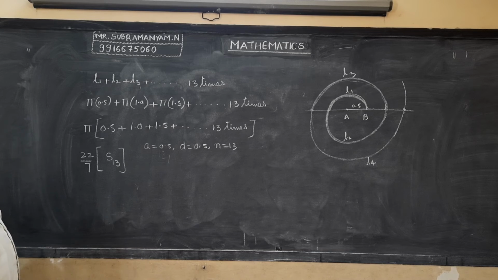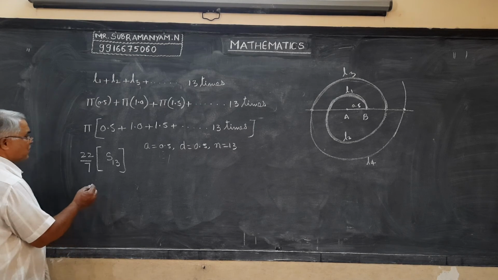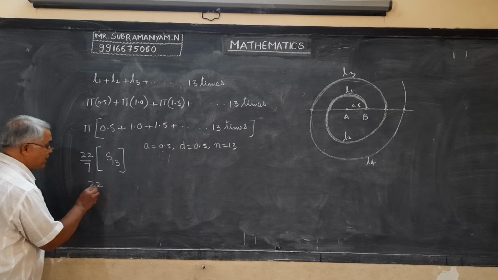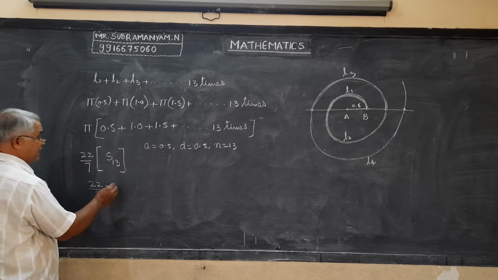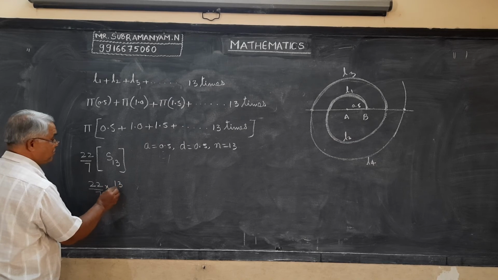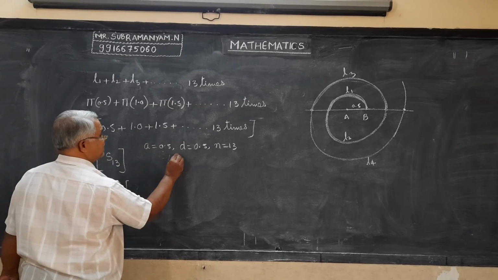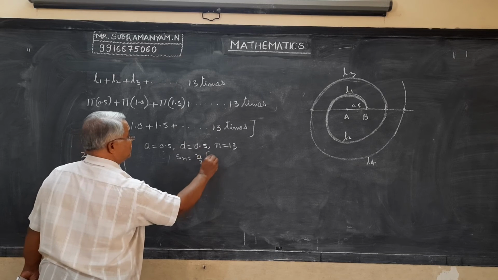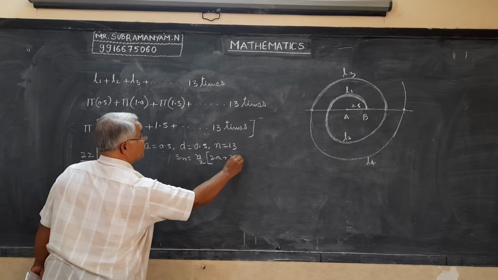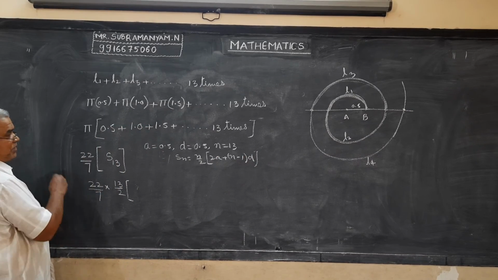So with these values, we can use this formula. Now, this is 22 by 7 into 13 by 2, into the formula Sn equals n by 2 into 2a plus (n minus 1) into d. I am going to substitute the values here.